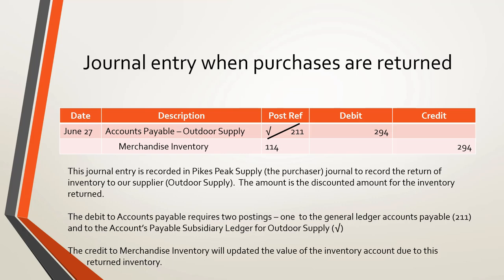As we had an example earlier with accounts receivable where we used a subsidiary ledger, if subsidiary ledgers are used for accounts payable, we would have to update the accounts payable in two places. One, the subsidiary ledger, which is the check mark, and two, the general ledger, which is the account number 211. So we divided the posting reference in half diagonally and showed both of those posting references.